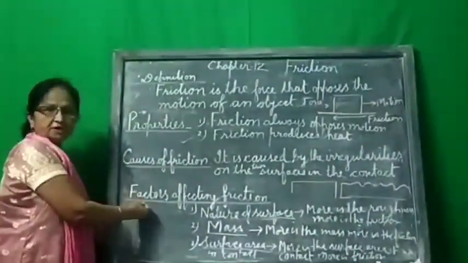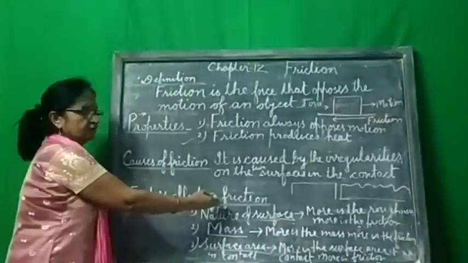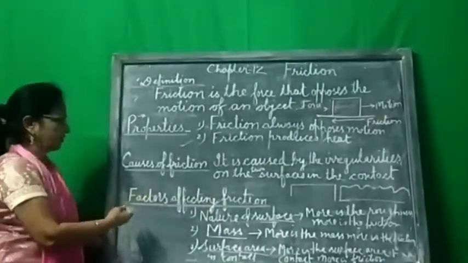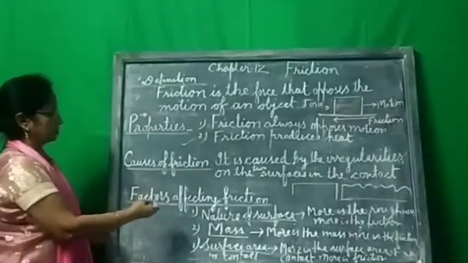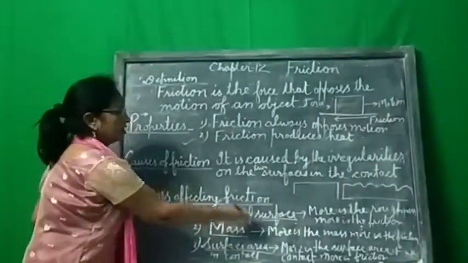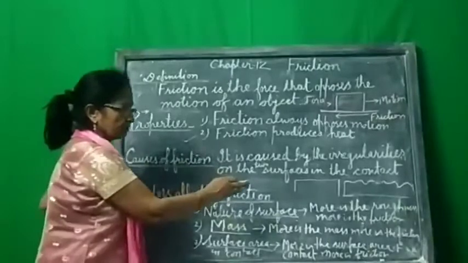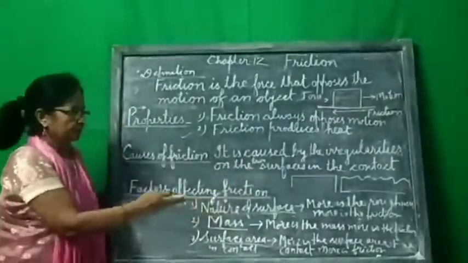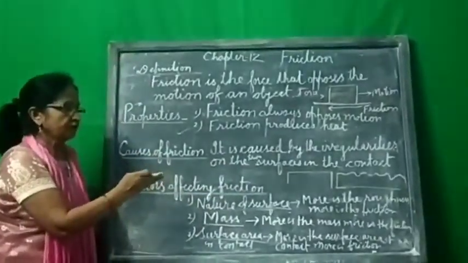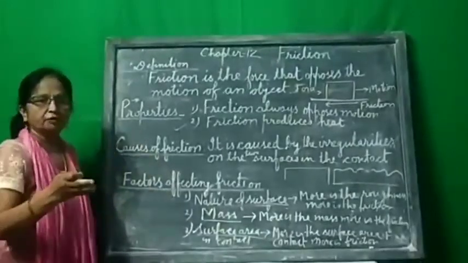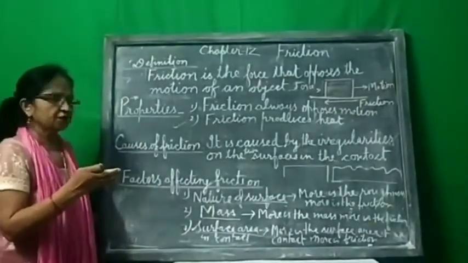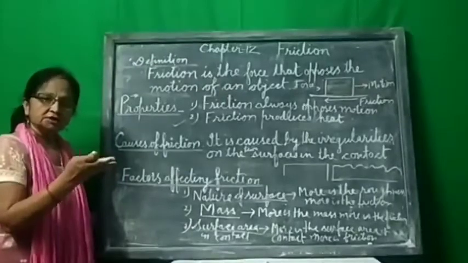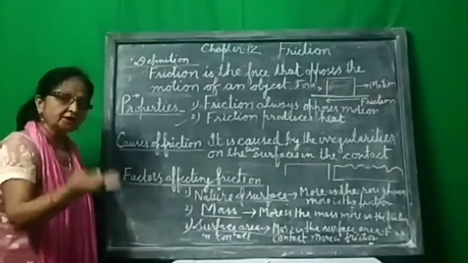Now the next topic is factors affecting friction. What are the different factors which affect the friction? First is the nature of the surface. More is the roughness, more is the friction. Roughness means again I can say irregularities. Irregularities होने से क्या होगा, interlocking ज्यादा होगी, area will increase.